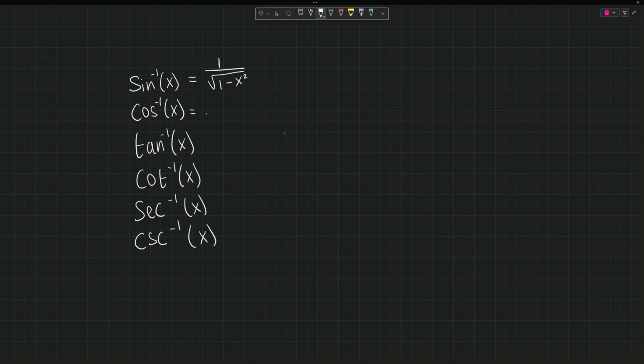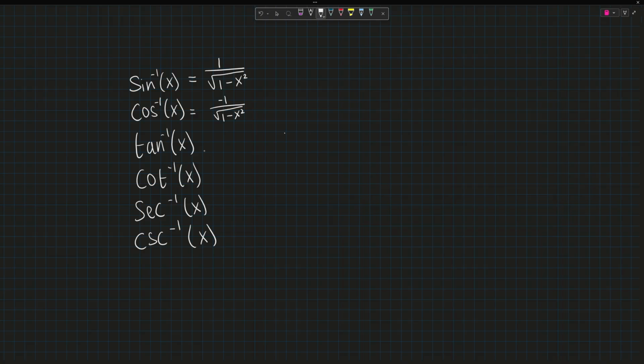Now for cosine, it's basically the same thing. That's the best part about trig. It's basically the cofunctions are negative versions of the sine, tan, and secant functions. So for cosine, it's basically this again, but it's negative.